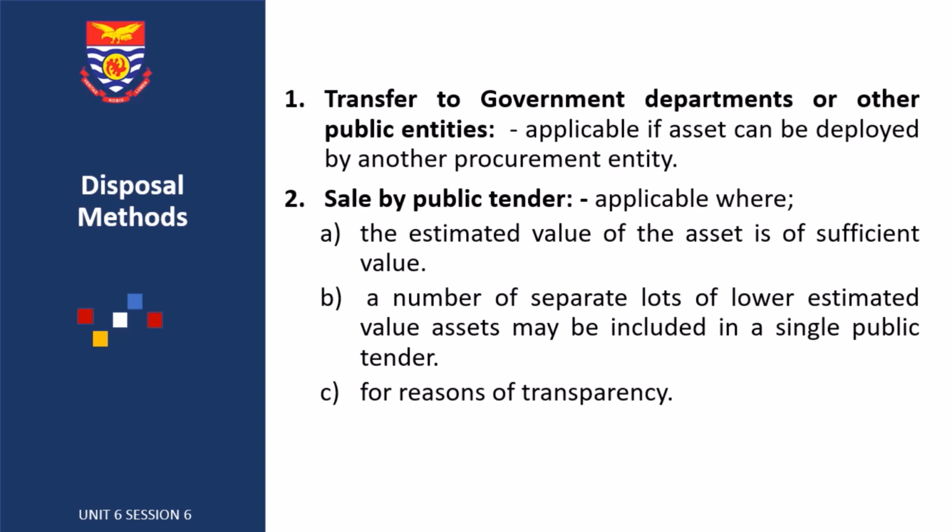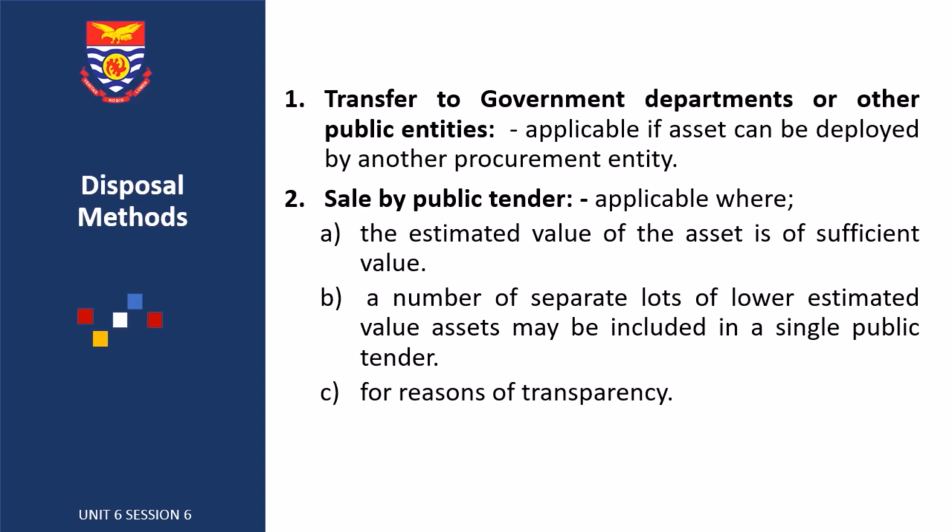The next method is the sale by tender. Here there is a tender, or they make an advertisement for people to come in with bids to take up this particular asset. This one is done for the entire public to make bids. We are saying this one is applicable where the estimated value of the asset is of sufficient value.